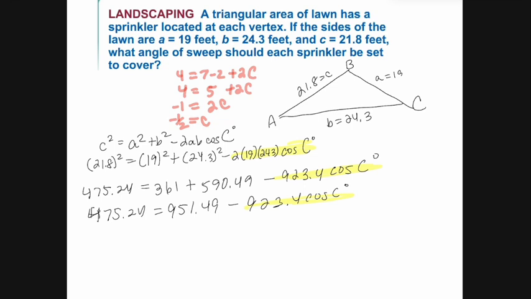So the next thing we can do is subtract off 951.49 from both sides. And if we do that, wait a second. So 475.24 minus 941.49 equals negative 466.25 equals negative 923.4 cosine of C.